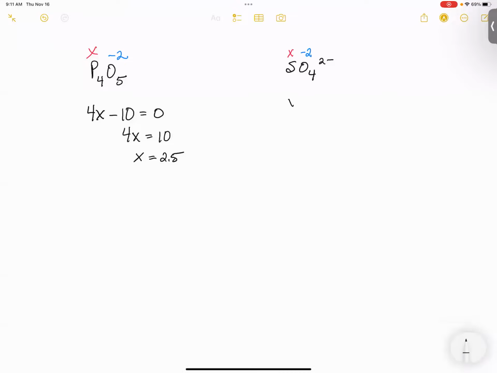We have X minus 8, and that is equal to a -2 because the sulfate ion is charged. X equals a +6.